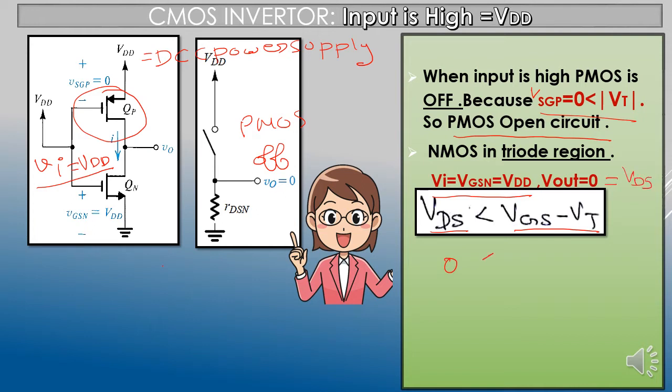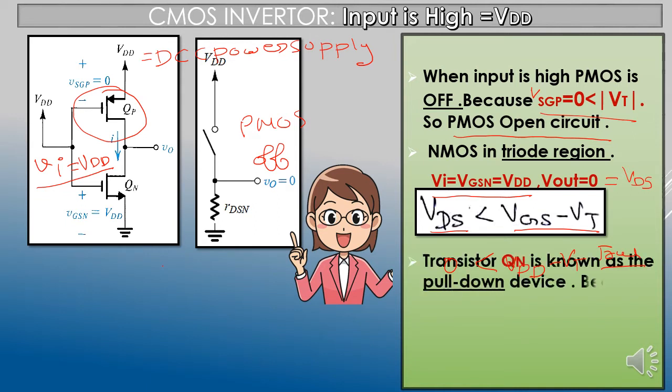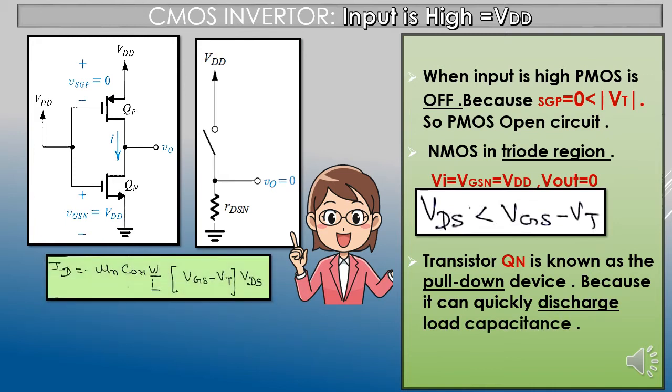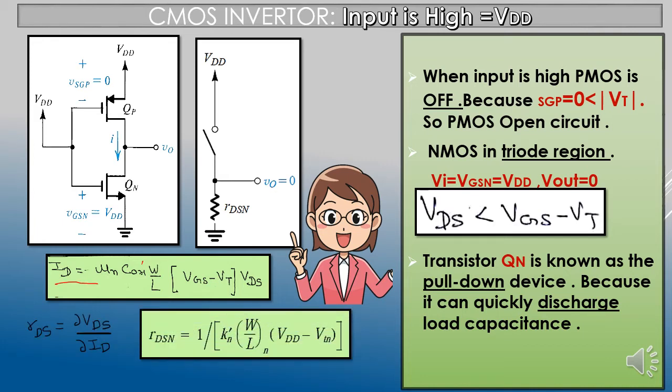So 0 is less than VDD minus VT. So it is true, so NMOS is in the triode region. And in the triode region, the current value is ID equals mu n COX W upon L times VGS minus VT. In this case, we know the drain resistance. This is the drain resistance.